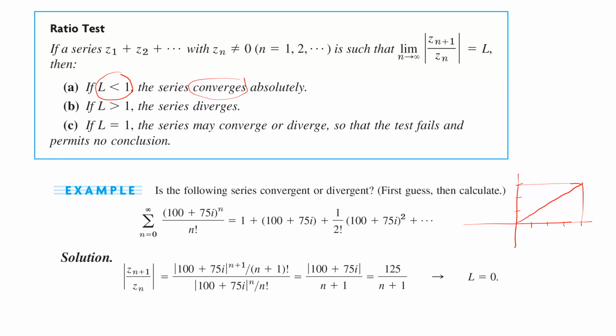The absolute value of that is the length of this line. This is 4 times 25, this is 3 times 25, and this becomes 5 times 25. Thank you. A 3, 4, 5 right triangle, right? Any more questions?